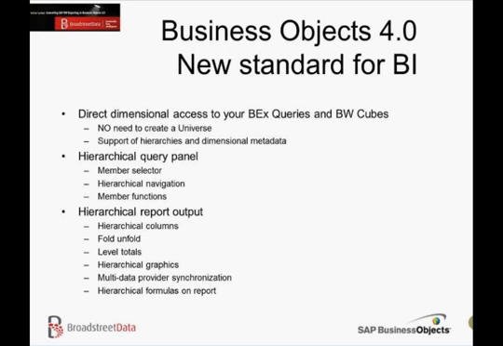And we have the native support for hierarchies and dimensional metadata. So we can navigate our hierarchies, we can slice and dice our data directly. And we have access to the hierarchical query panel, which allows us to select the members, navigate the hierarchy, and apply member functions on our objects directly.